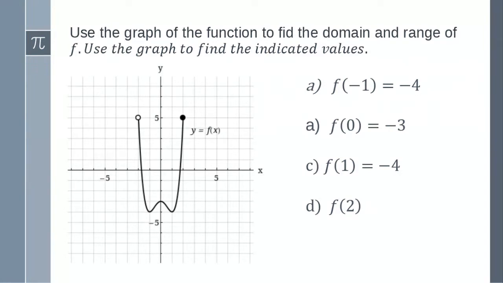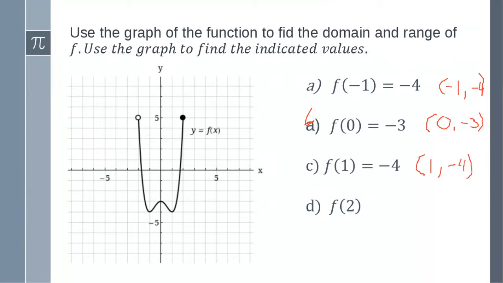And again, to review ordered pairs, the ordered pair for answer A would be -1, -4, okay? For my answer for B, my ordered pair would be, my input was 0, my output was -3, okay? For C, my input was 1, and my output was -4.